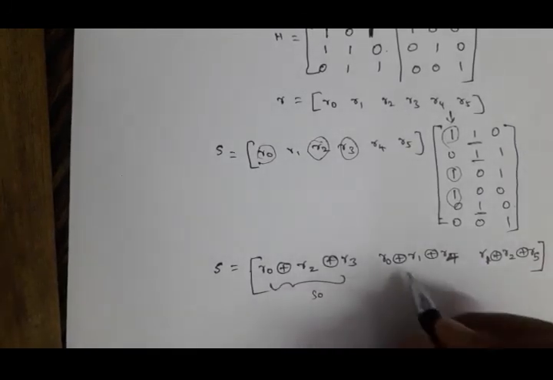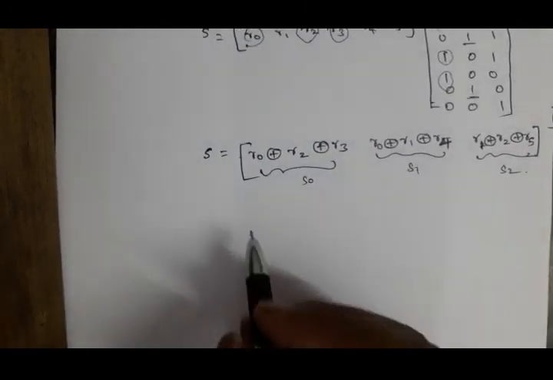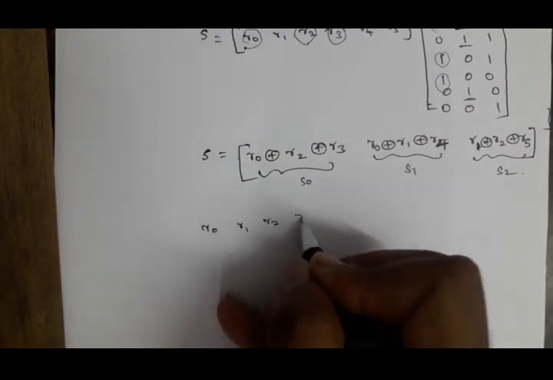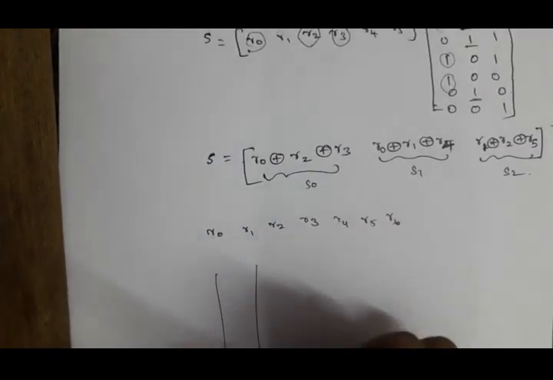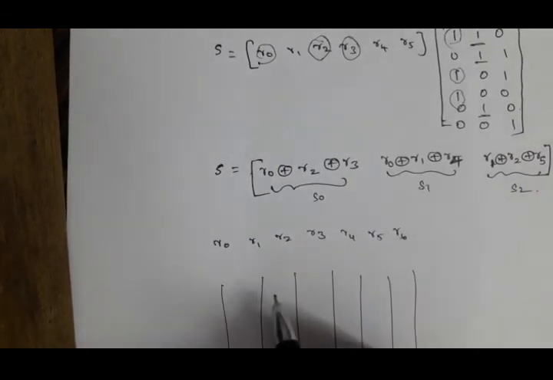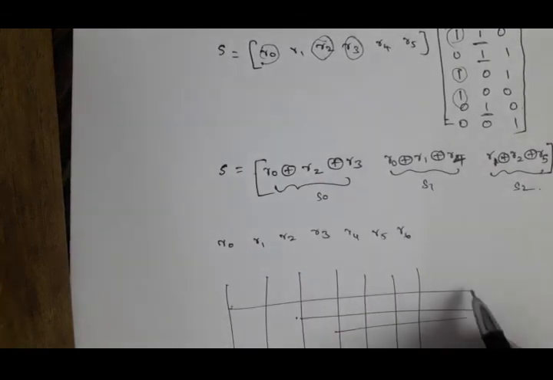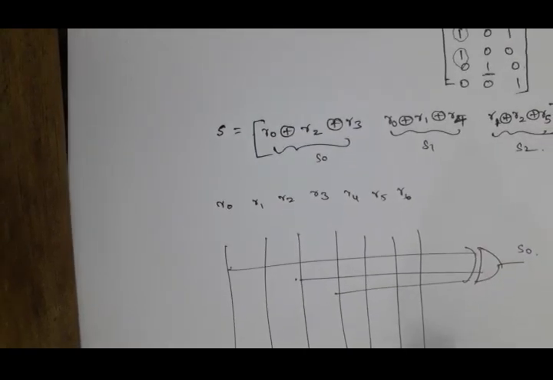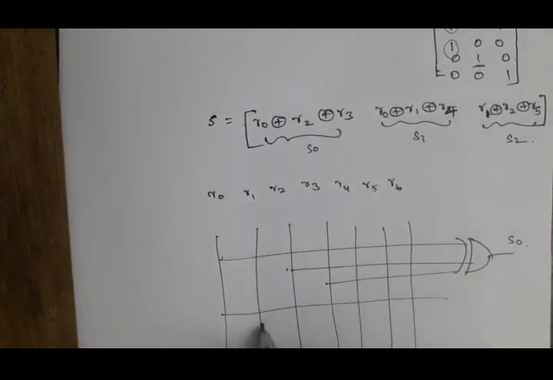So this is S0, this is S1, this is S2. So the syndrome decoder circuit can be drawn as: S0 will be equal to the combination of R0, R2 and R3. Similarly, S1 can be written as the combination of R0, R1 and R4.